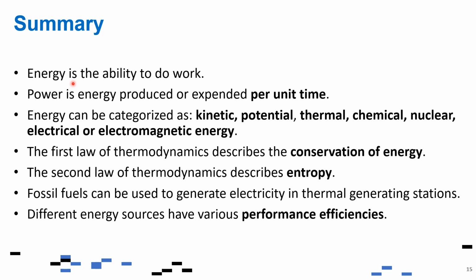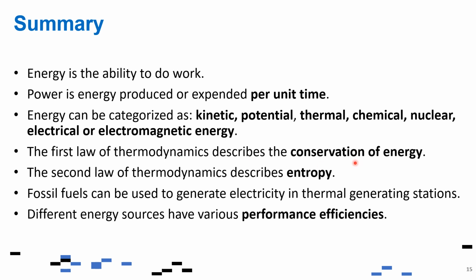So as a summary, as we know, energy is the ability to do work, and power is just the rate of energy change, that is per unit time. And there are a number of different categories of energy. It could be kinetic, potential, thermal, nuclear, electrical. And the first law of thermodynamics is about conservation of energy, which means that energy cannot be created nor destroyed.